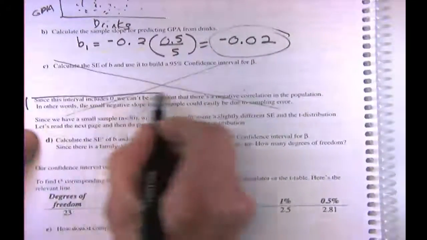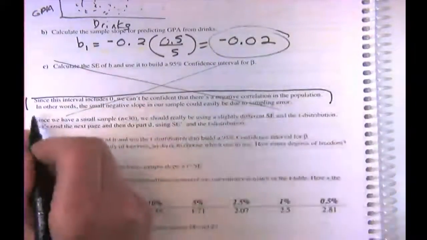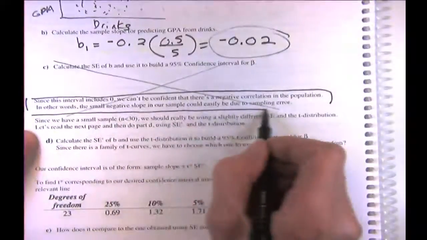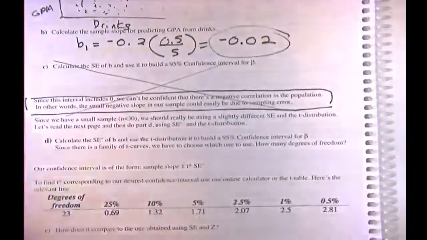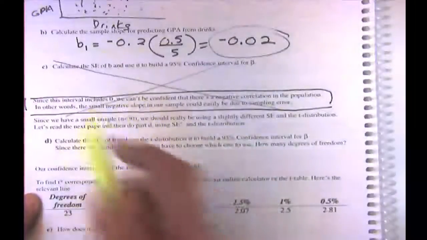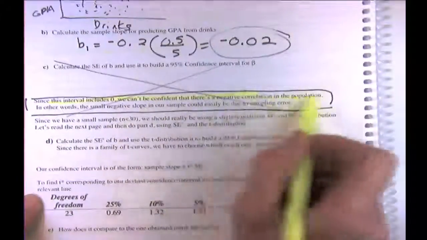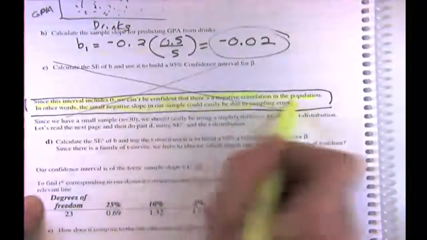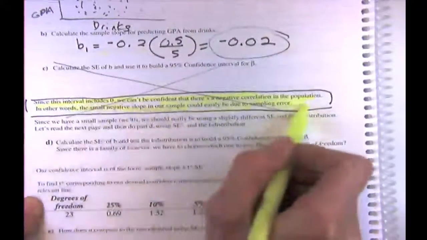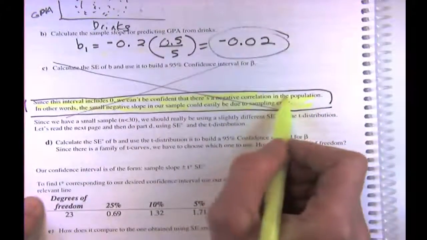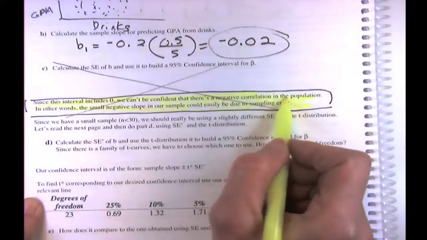Since the interval includes 0, we can't be confident that there's a negative correlation in the population. In other words, that might be due to sampling error, right? So wouldn't that be the same as saying we can't reject the null?